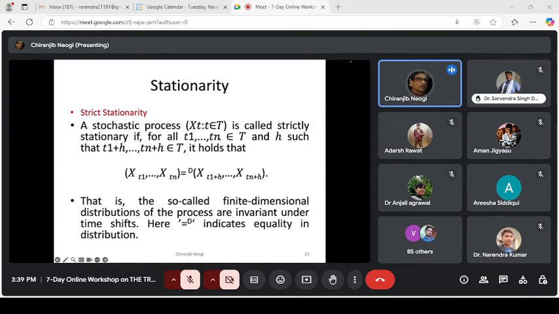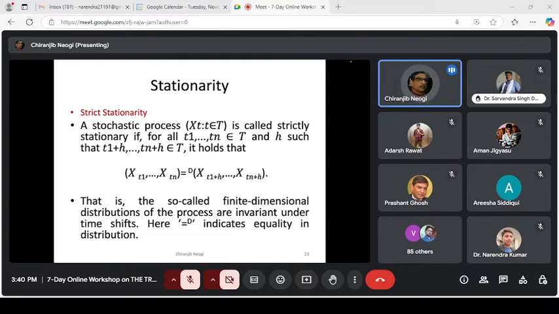For all t1 to tn and h such that t1 plus h up to tn plus h, it holds that this joint distribution is the same as the distribution of the points where x is taken, the value of x taken at points t1 plus h, t2 plus h, and so on.